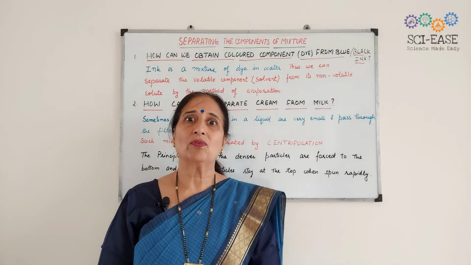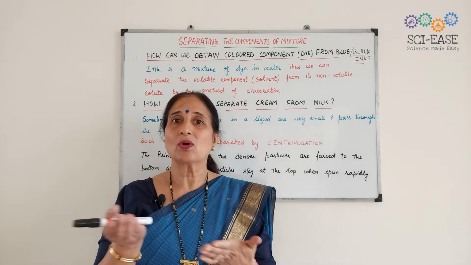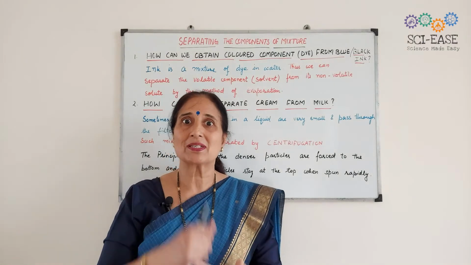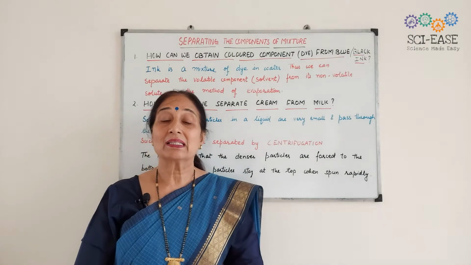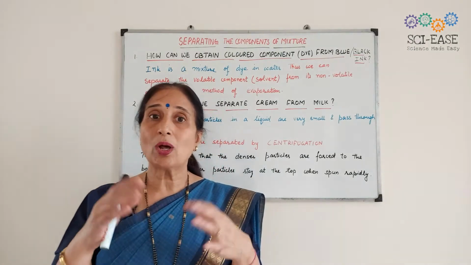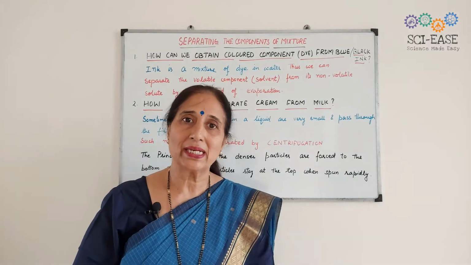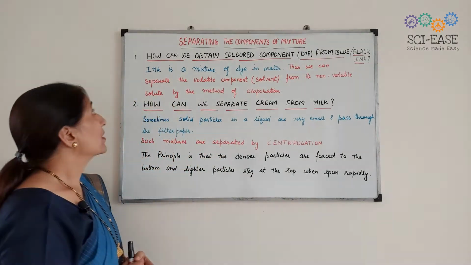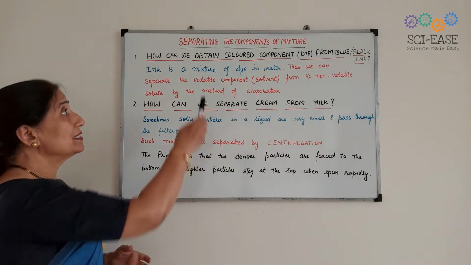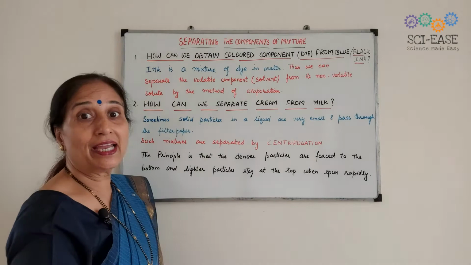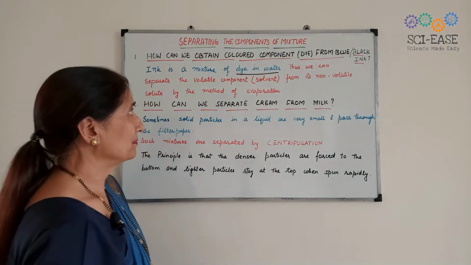On the watch glass, you will see some blue or black colored substance present on it. But the liquid or the solvent, which is volatile, has evaporated. So here, ink, I want to tell you, is a mixture of dye in water.